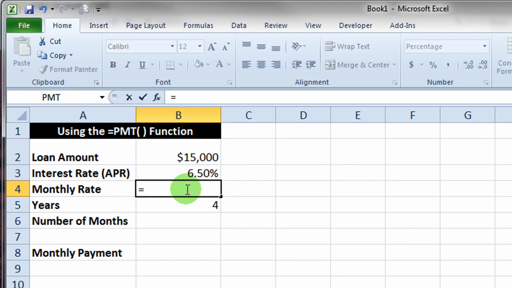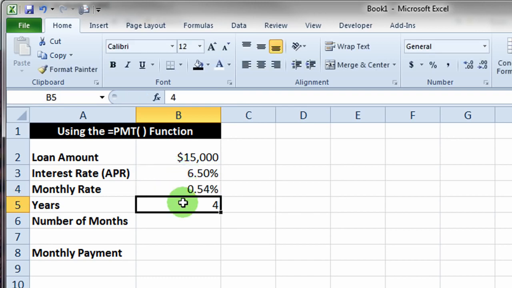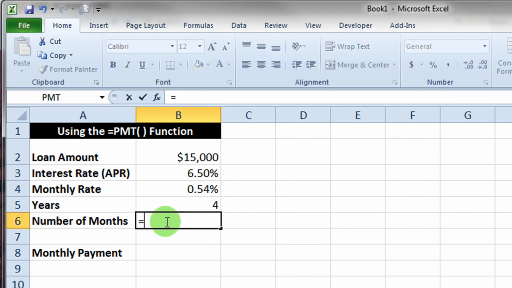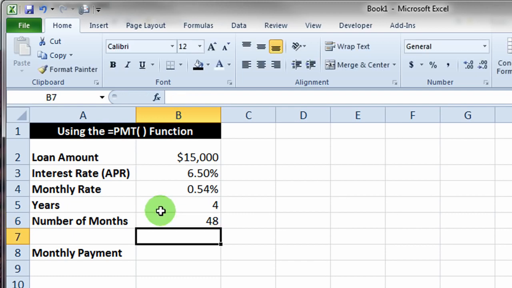So I can just say equals, take the annual rate, the APR, divide that by 12, and there's my monthly rate right there. And I can do the same with the number of months in my loan. So I could say equals the number of years in my loan times 12, to get the number of payment periods. And so in this case, the number of payment periods is 48.